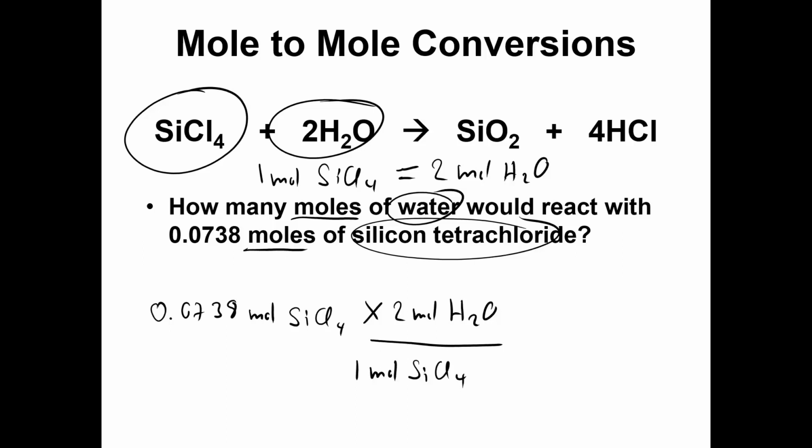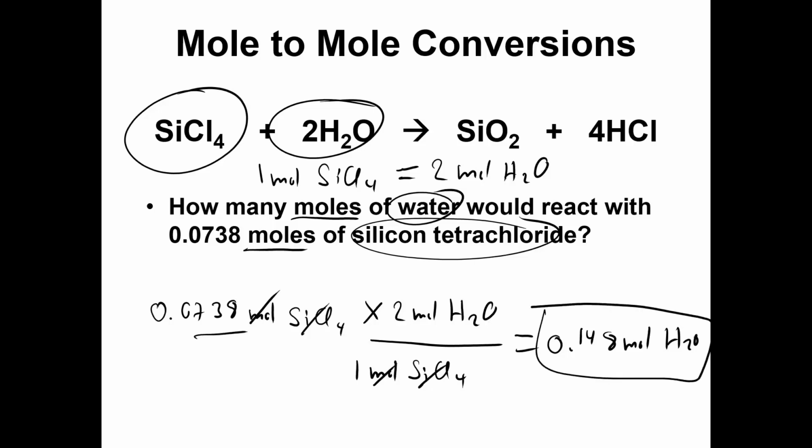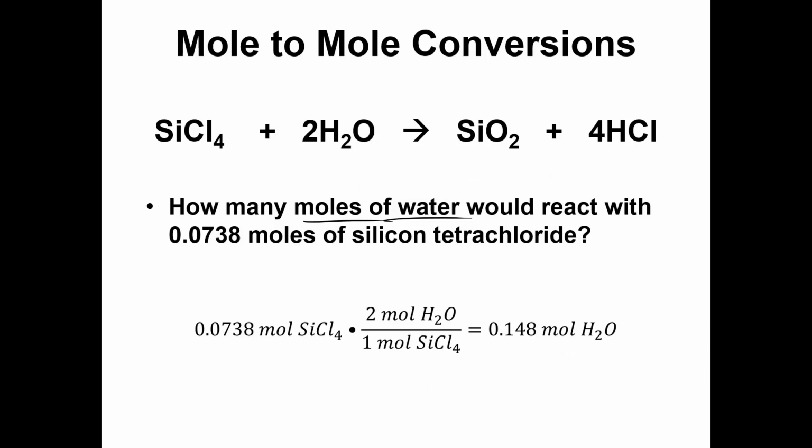And I think it's important that you write that out so I can give you partial credit. And so this gives me 0.148 moles of water, right? We cancel the moles, we cancel the silicon, and we have 3 significant figures, and so this is the right answer. This is just a little neater, again, the solution.